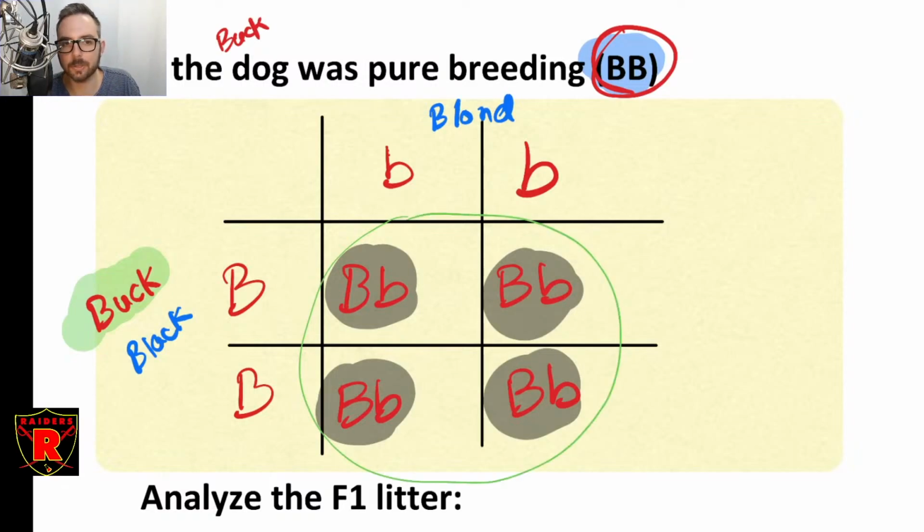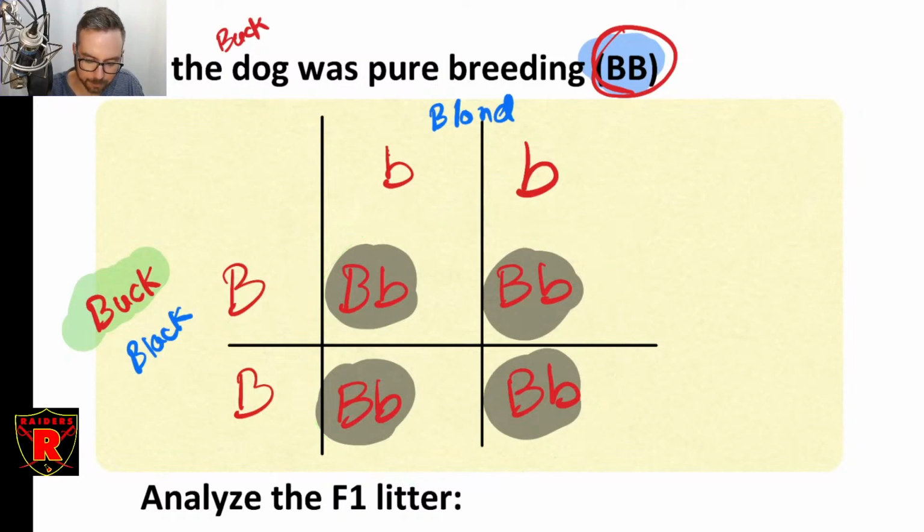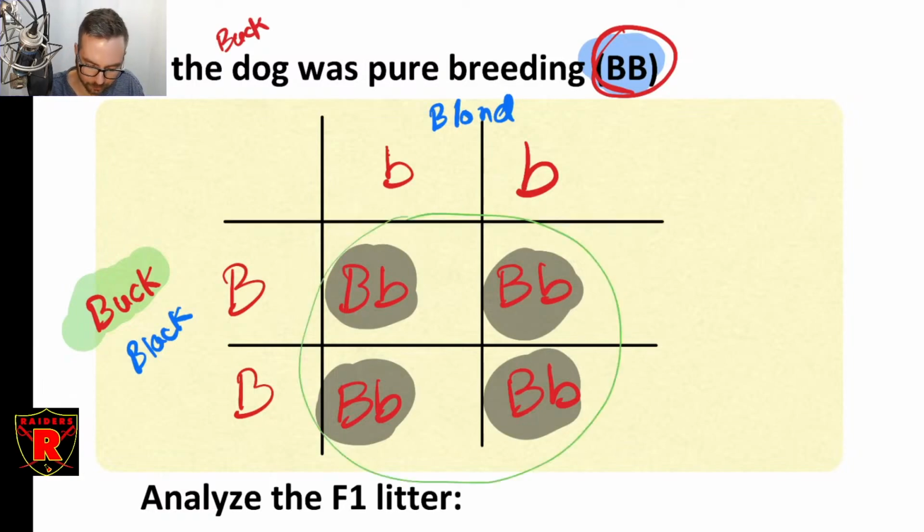Okay? You could breed those two dogs together 100 times. You will only get black dogs every single time ever. Okay? So, if you do the breeding experiment and you always get black, that's a pretty good indicator that you have a purebred dog. Okay?